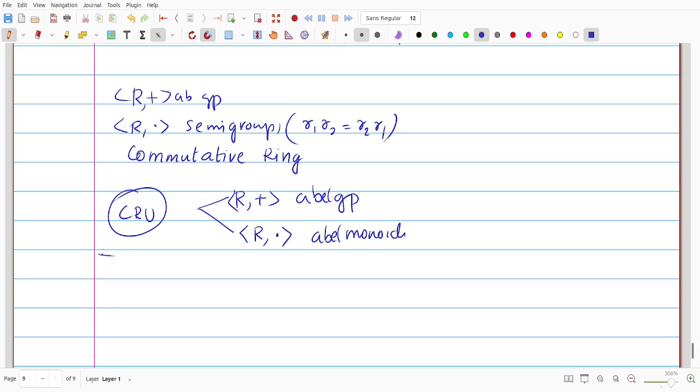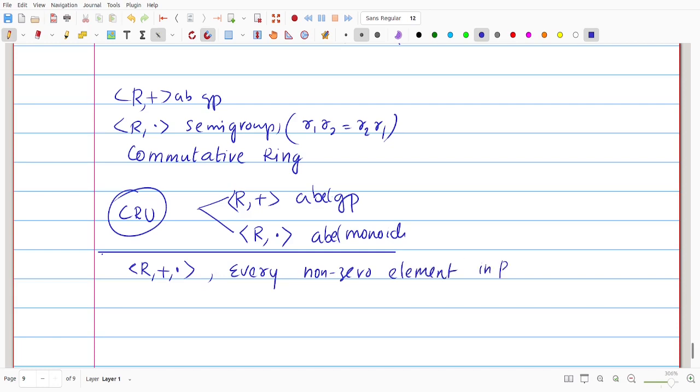Now, before thinking of the commutativity of the multiplication, you can think of the existence of inverse in a ring. Okay. Suppose we have a ring R under addition. Assume that every non-zero element in R has a multiplicative inverse.